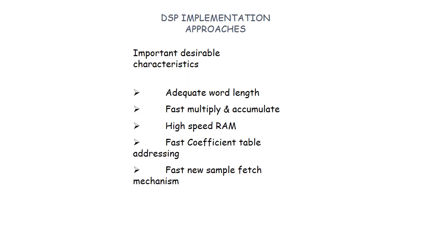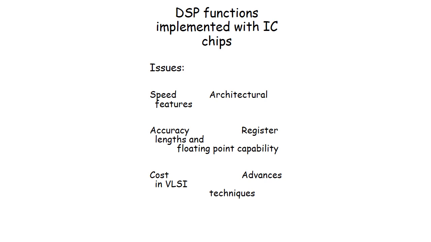Next are the DSP implementation approaches. They should have some important desirable characteristics: adequate word length, fast multiply and accumulate, high speed RAM, fast coefficient table addressing, and a fast new sample fetch mechanism for digital signal processing. Next, DSP functions that should be implemented with IC chips.